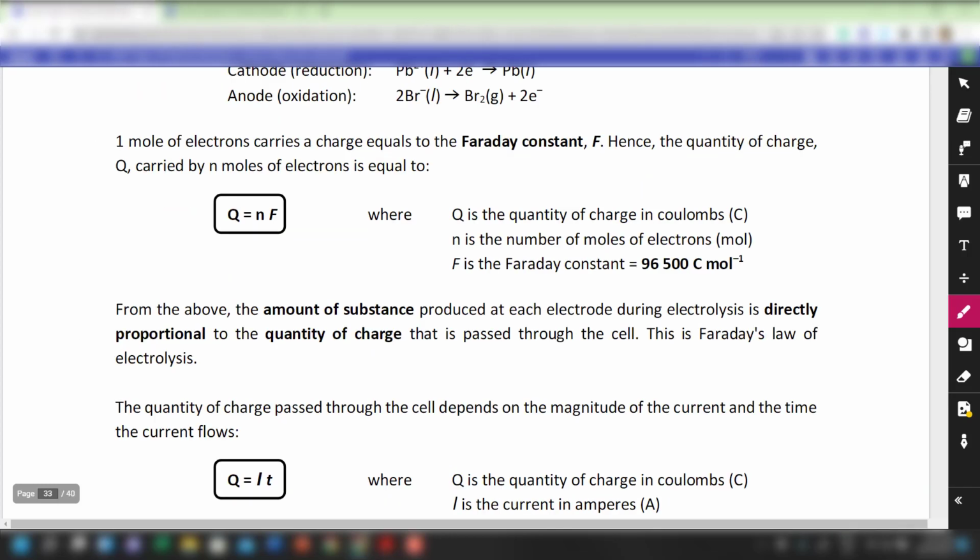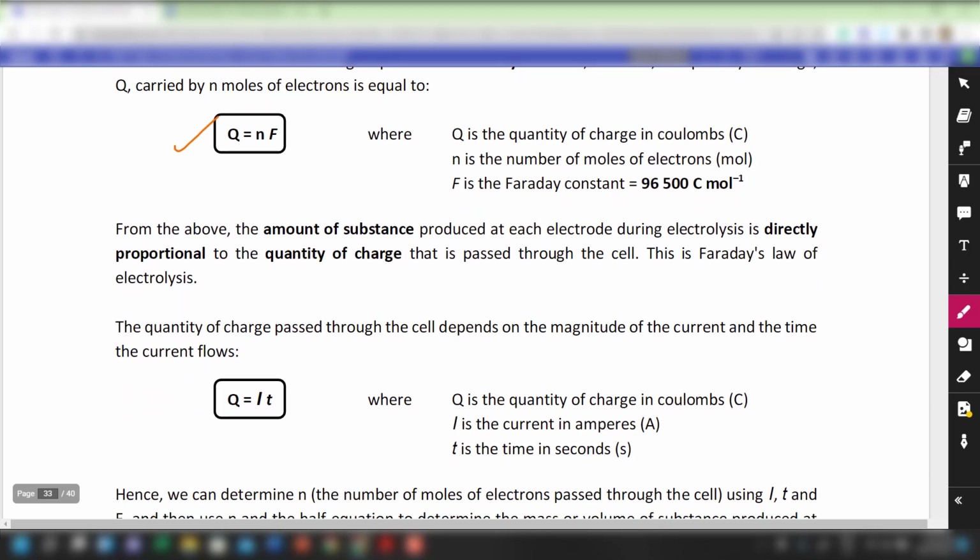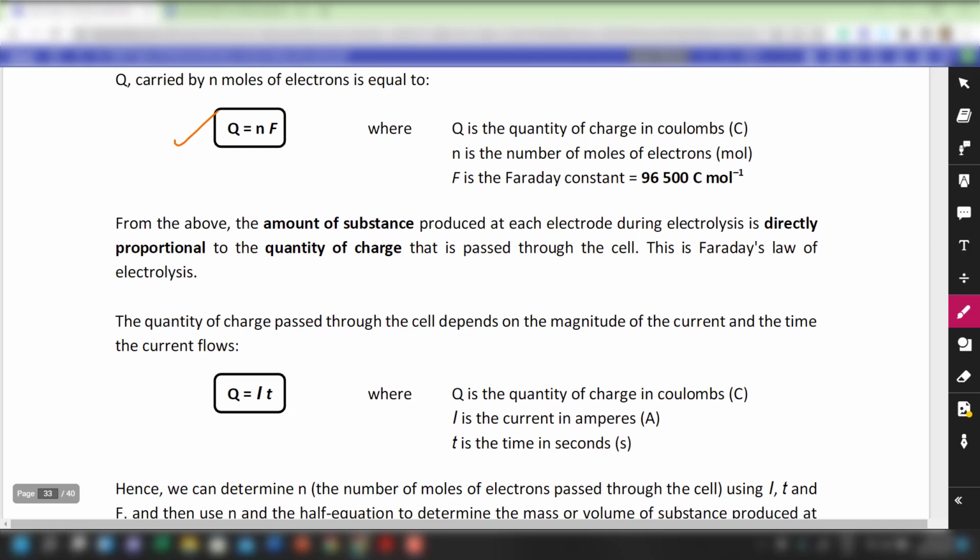Of course the quantity of charge, that is the total charge being carried, is obviously the number of moles of electrons multiplied by the Faraday constant, and is given by this particular equation. Then the amount of substance produced at each electrode, as we have found earlier on, is directly proportional to the quantity of charge.